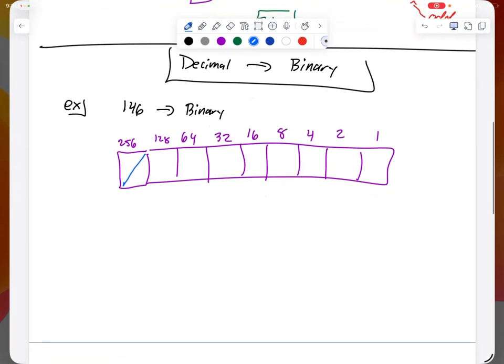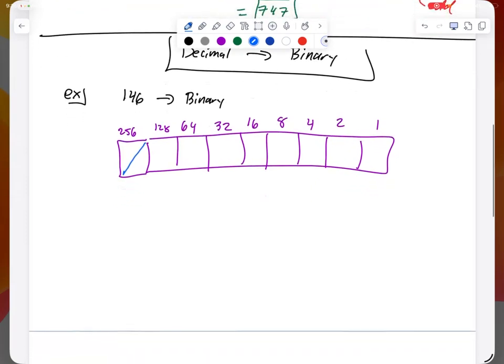So we want to find out what this number is. So it's a math problem here. Step 1: we set up a decomposition chart.